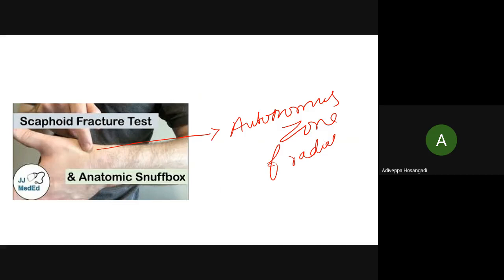If you test and there is anesthesia, paresthesia or hypoesthesia in this part, you can easily say there is a problem with the radial nerve. And here you also feel for the tenderness of a scaphoid bone fracture.